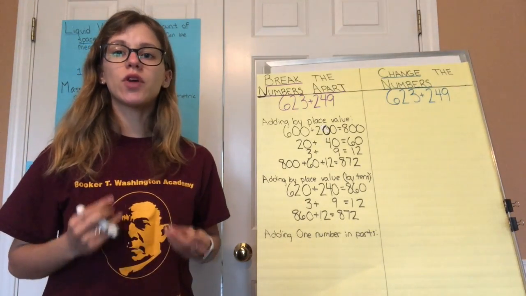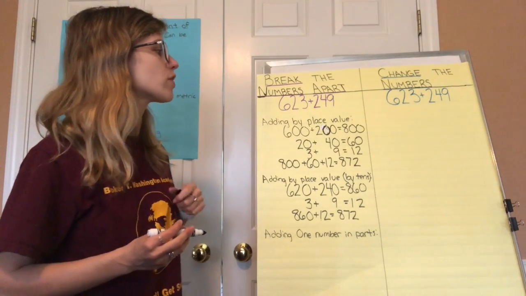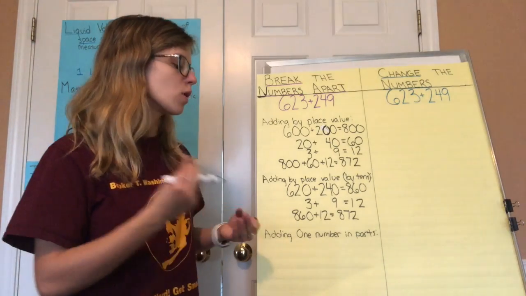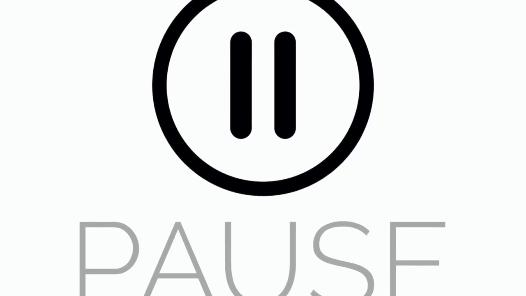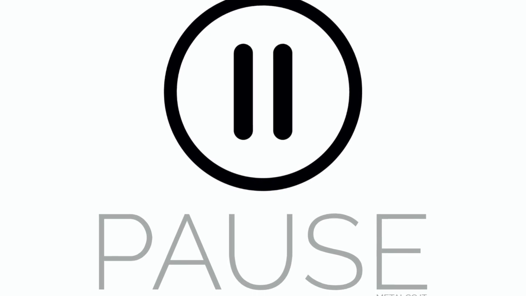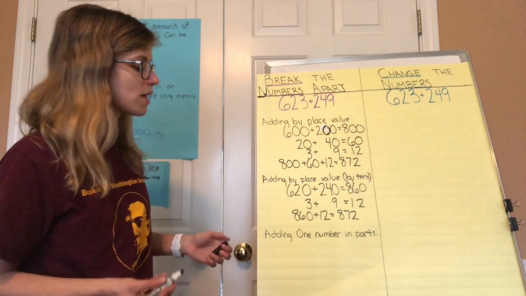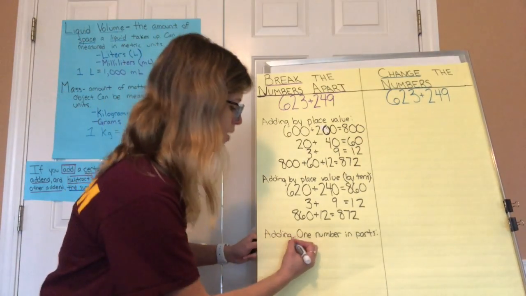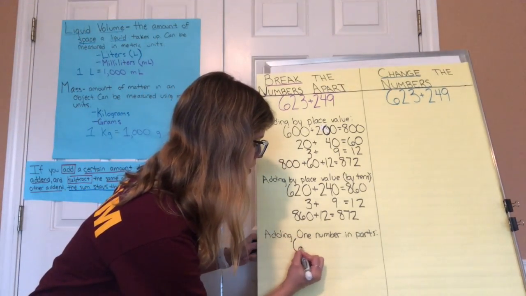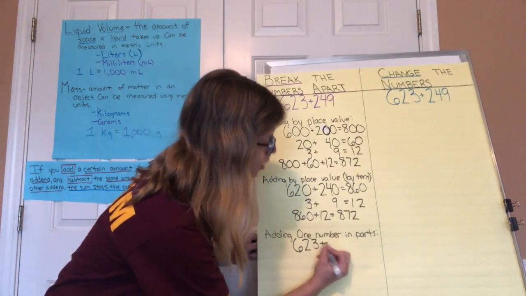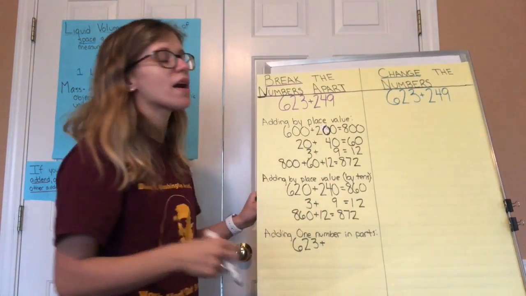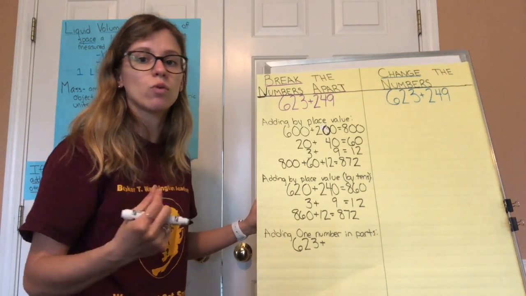A third way that we can break the numbers apart is by adding one number in parts. Pause me and think about a starter problem that would show 623 plus 249, where we're breaking one of the numbers in parts. If I was going to be adding one number in parts, I would keep 623 as is, but then I break up 249 into hundreds, tens, and ones.